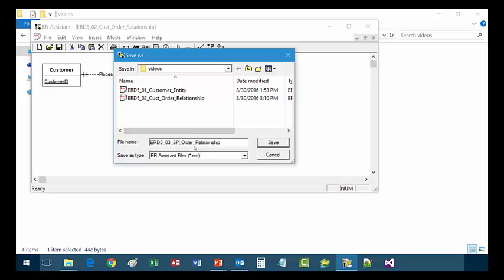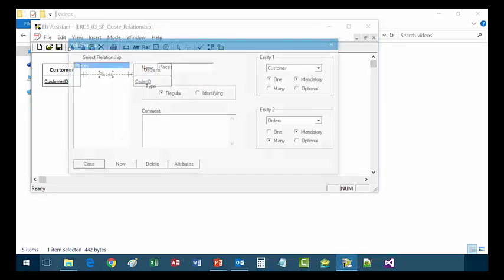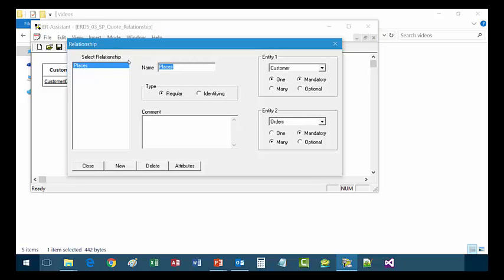Okay, as shown in the bottom right of the slide, sort of orders will have quotes. So an SP quote relationship. Okay, and then we'll change the places to provides.